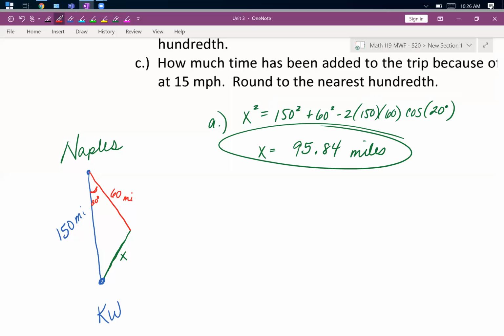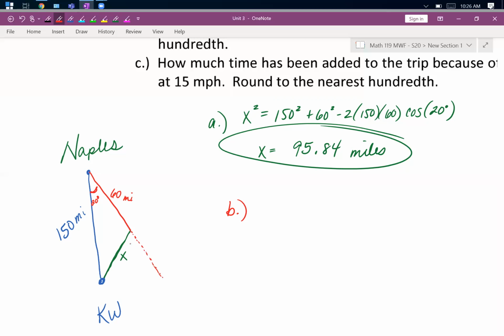In part B, they want us to figure out through what angle the sailboat should turn to correct its course. So we have to think about how we would do that. Right now the boat is on the red path, so it extends out this way, and we need to figure out how it needs to turn.